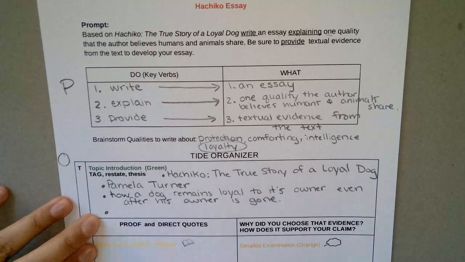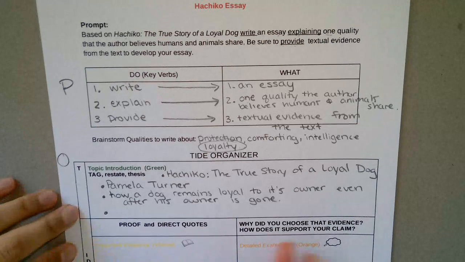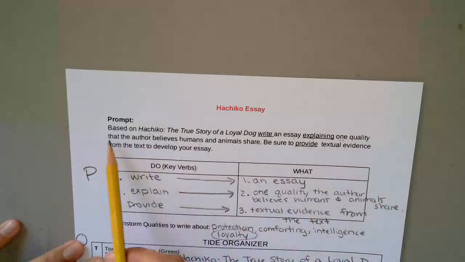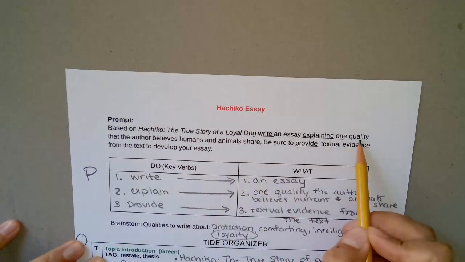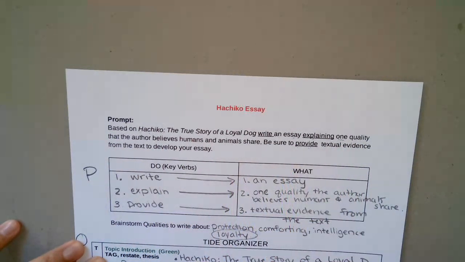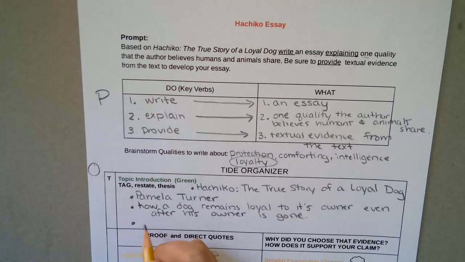So I'm going to restate and write the thesis all in the same sentence. So if I'm looking at the prompt, write an essay explaining one quality that the author believes humans and animals share. Okay, so I could start with this. One quality that the author believes humans and animals share is loyalty. Or I could actually write it backwards a little bit.